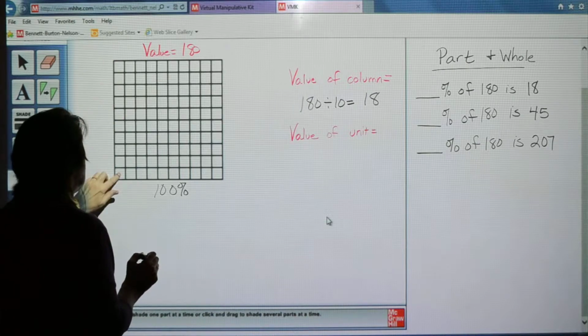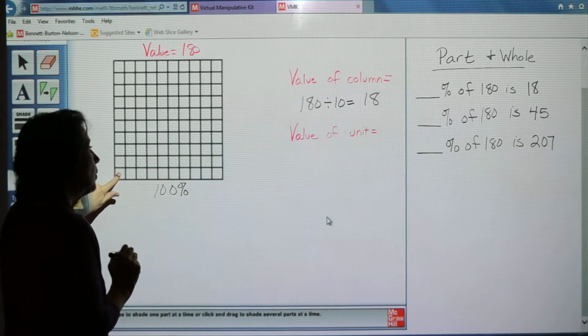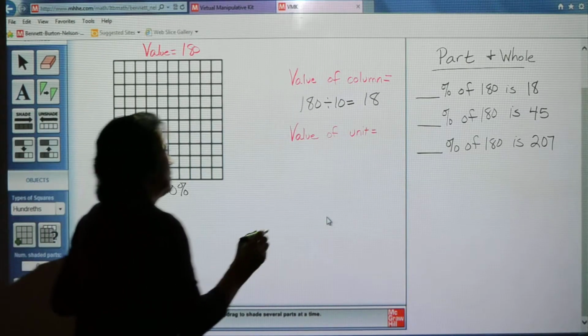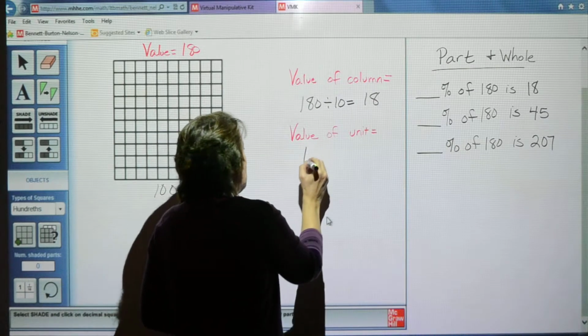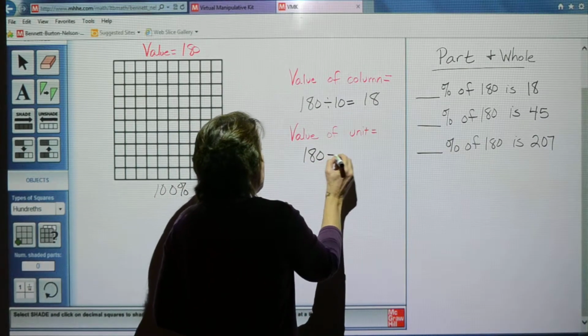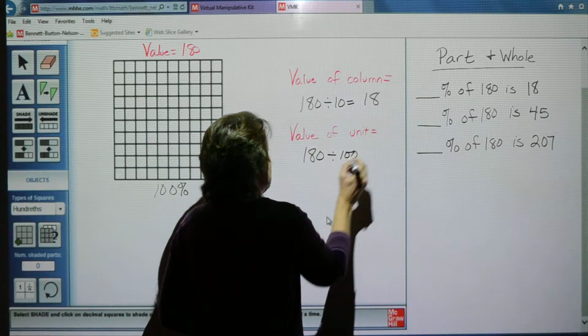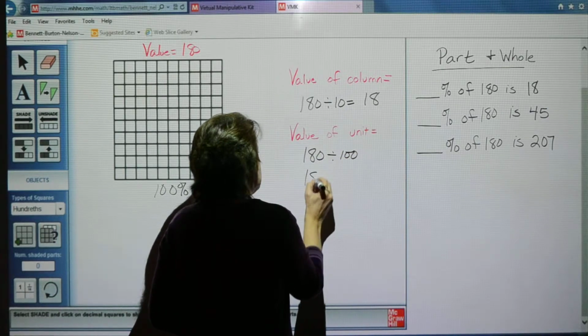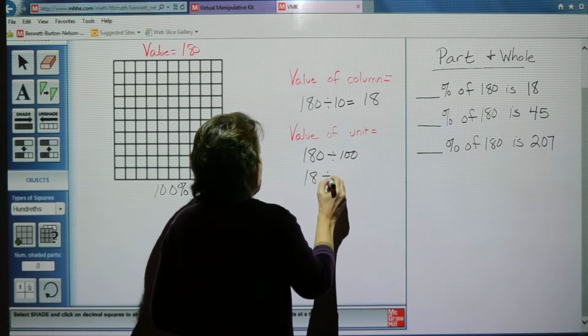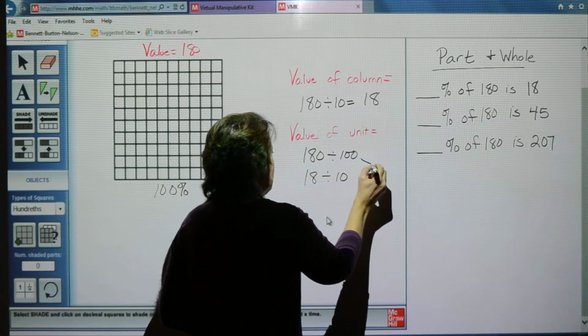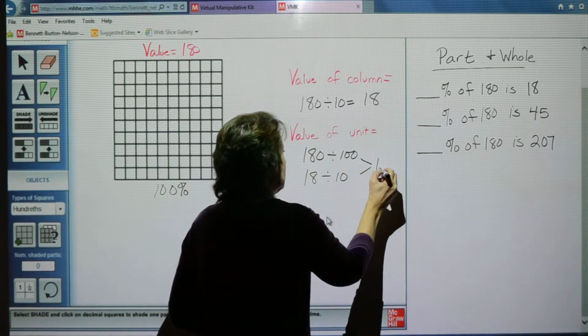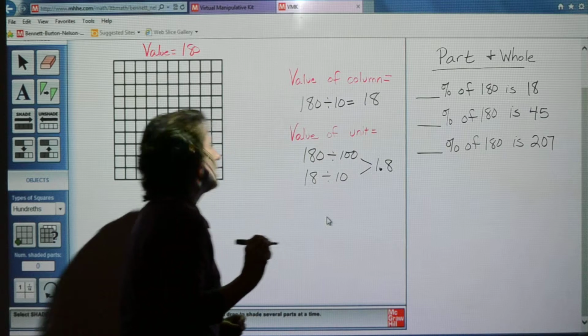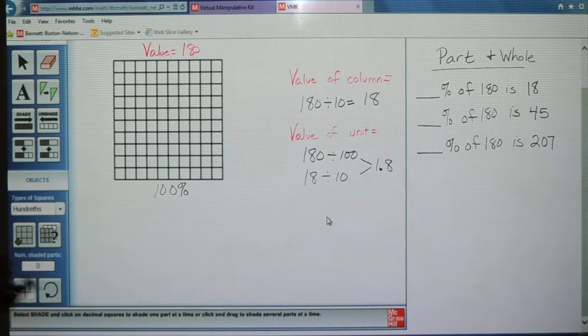Now, if this whole column is worth 18, how much is one little square worth? We can do two things. We can either do the whole thing, 180 divided by 100, or we can do 18, which we've already figured out, divided by 10. They're both going to give me the same answer, 1.8.